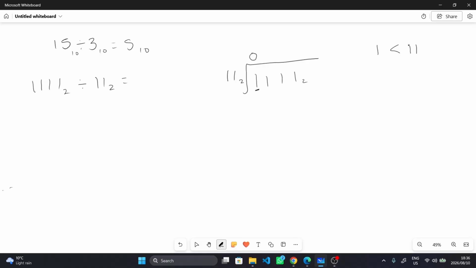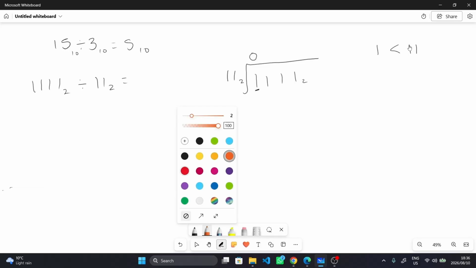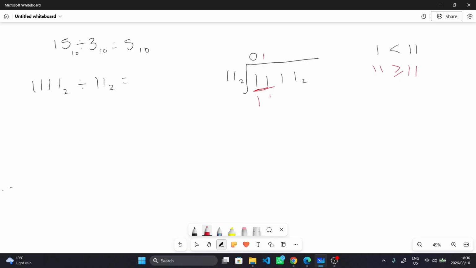Then I move on to the second value, or I move on to the values together. So I check both values again. Is this greater than or equal to, or less than? And we can say it's greater than or equal to. If it's greater than or equal to, I put 1 there, then I bring this here. So it's going to be 1 times 11, 11, and we minus in this case. So that will be 00, right? And then we bring this one down.